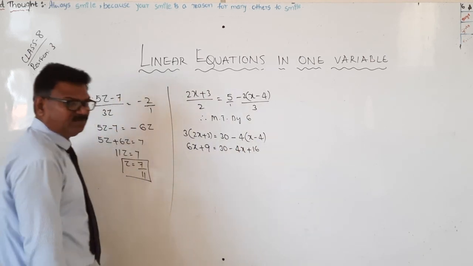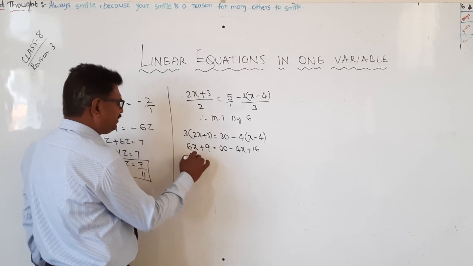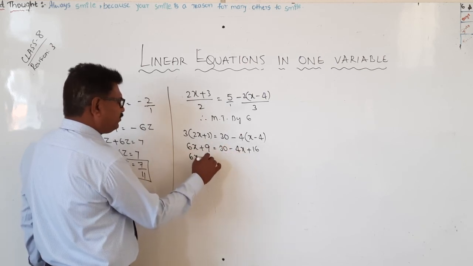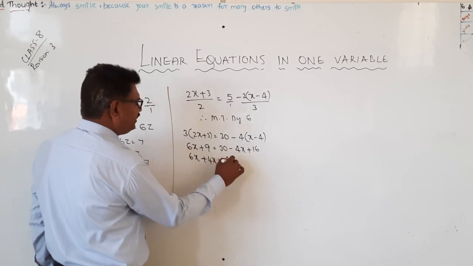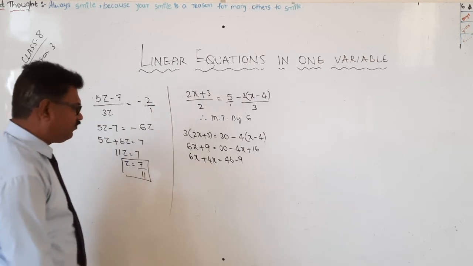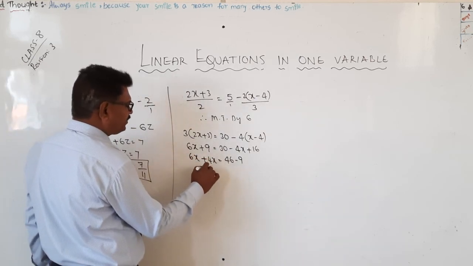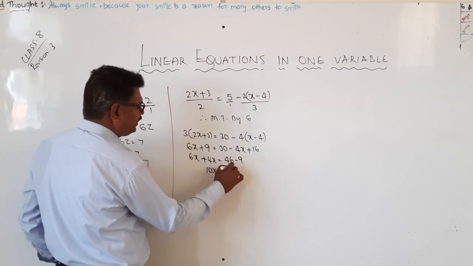plus 16. Now very simple, 6x minus 4x, if it comes here, plus 4x equal to 30 plus 16 is 46 minus 9. Therefore 6x plus 4x is 10x equal to 37.